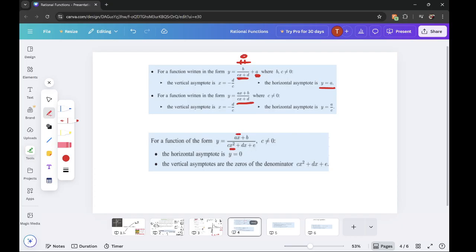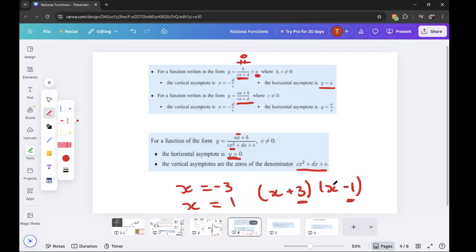So the horizontal asymptote is y is equal to 0, and the vertical asymptotes are the factors once you factorize your quadratic equation. Let's say you get x plus 3 and x minus 1. Yes, that means those are the zeros of the denominator. So these will be your vertical asymptotes. So not these, but x is equal to minus 3 and x is equal to 1 will be your vertical asymptotes. I hope that makes sense.